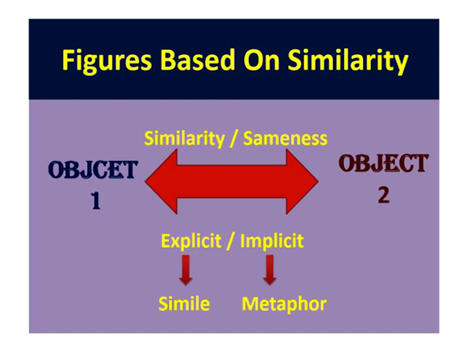Those examples which are based on implicit comparison will be known as metaphor, and those based on explicit comparison will be known as simile. So these are the two main figures of speech based on similarity. We will look at both of these in today's video.